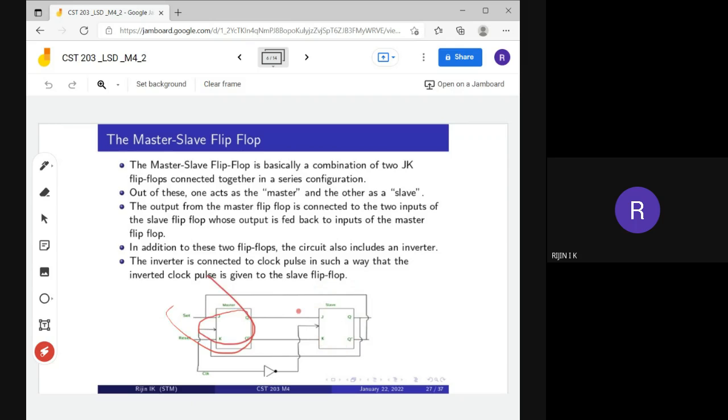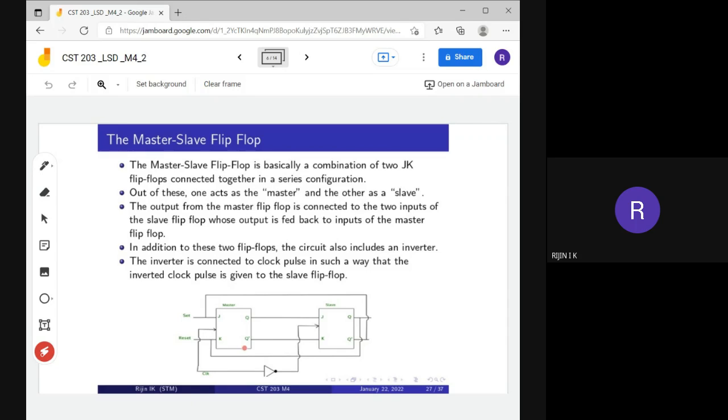In that case, the first JK flip flop will act as the master and the second JK flip flop will act as the slave.